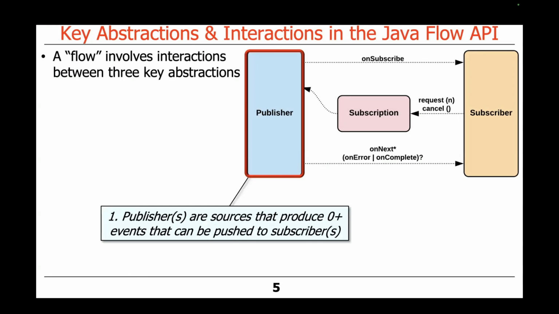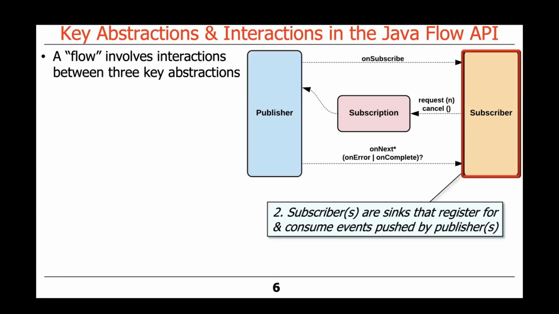And keep in mind, of course, in an actual use case, you'll often have multiple elements between the originating publisher, the source, and the terminating subscriber, the sink. And the things that go between those would, of course, be processors, because they're both publishers and subscribers. I'm showing a very simplified view here that just shows one publisher talking to one subscriber, but there could be more in a pipeline without loss of generality.